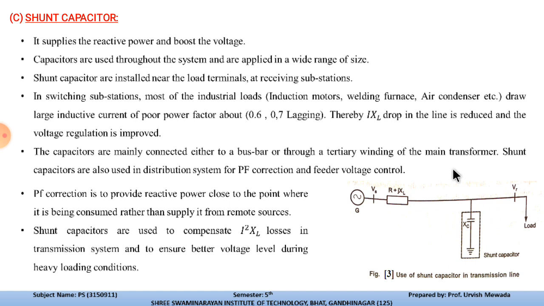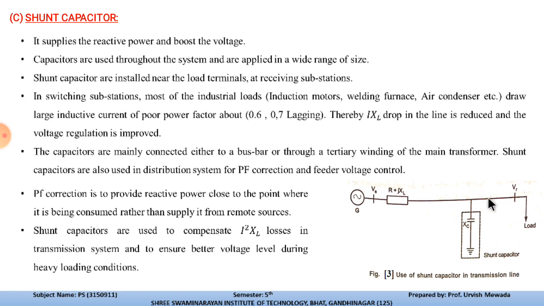These shunt capacitors are used to compensate the effect of I square XL losses in the transmission line system, and to ensure a better voltage level during heavy loading conditions. Whenever we use such a setup, we can improve the power factor and reduce the I square XL losses of transmission lines, and we can improve the ratio between the sending end voltage and the receiving end voltage, and improve the regulation of the transmission line by using capacitor banks.